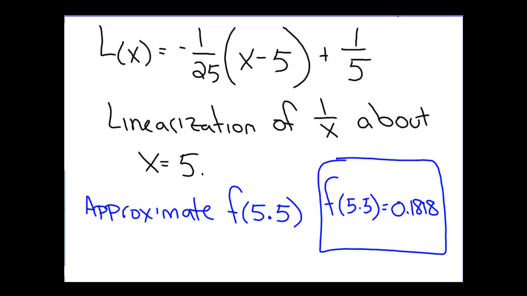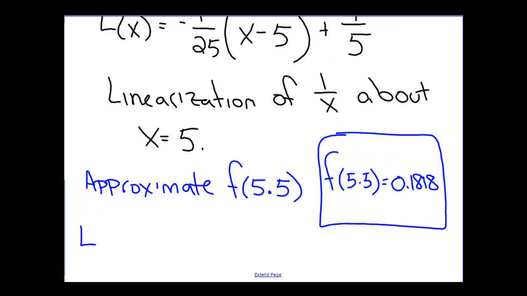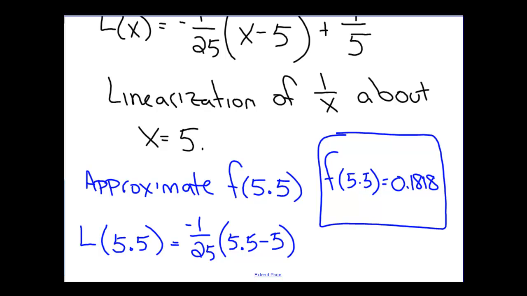It's a repeating decimal, but we're going to approximate it, and we're going to approximate it by plugging 5.5 into the linearization. So we're going to see what happens if we plug 5.5 into the function up above. Well, that's going to give us minus 1 over 25 times 5.5 minus 5 plus 1/5.